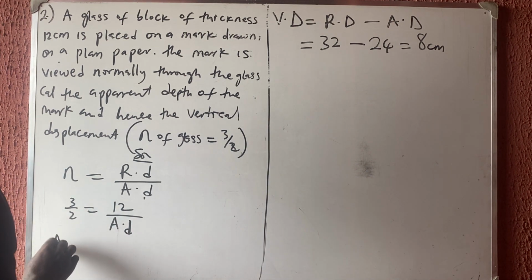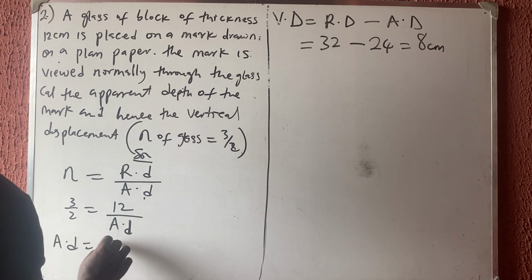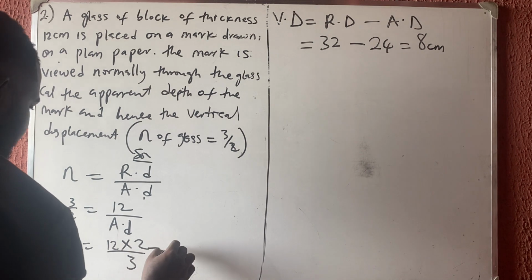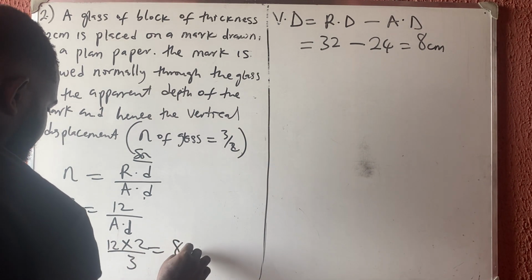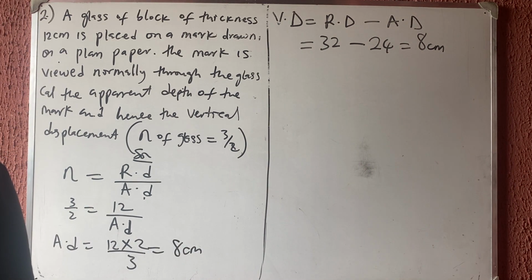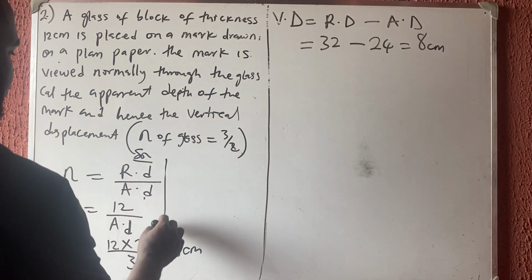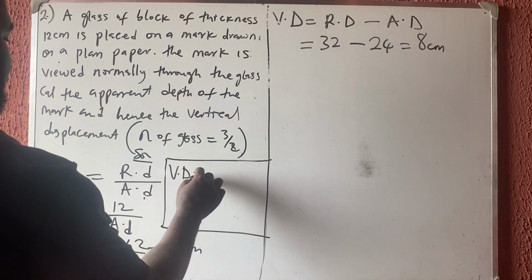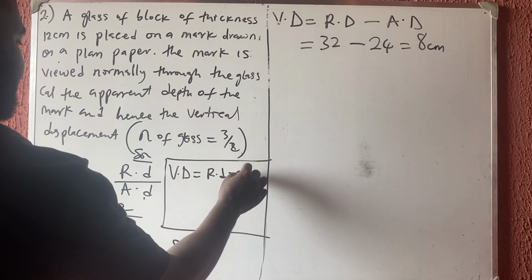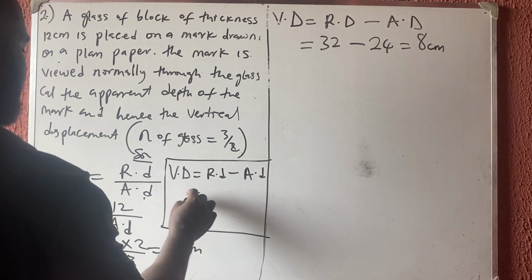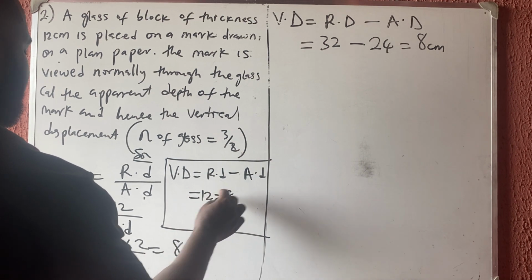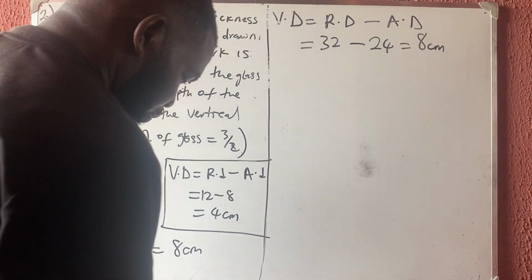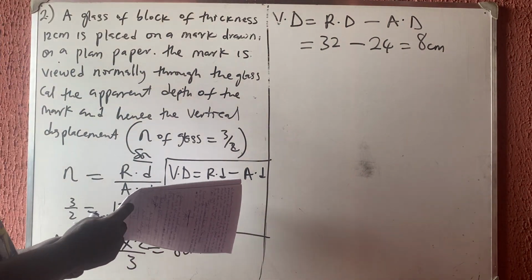Therefore the apparent depth is simply 12 times 2 divided by 3, which gives 4 times 2, 8 cm. So 8 cm is the apparent depth. From here we can calculate the displacement. The vertical displacement is equal to the real depth minus the apparent depth, which is 12 minus 8, which is 4 cm. Very, very simple to calculate.